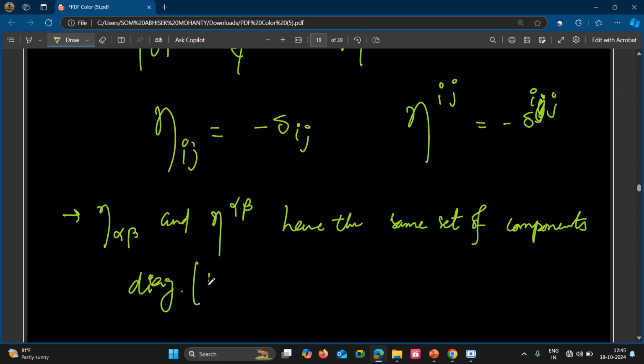You can write it like this: 1, minus 1, minus 1, minus 1. For higher rank tensors, the relation between contravariant and covariant could be found in a similar manner. We won't go into that high dimension.